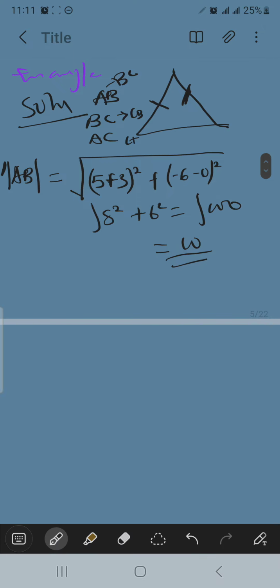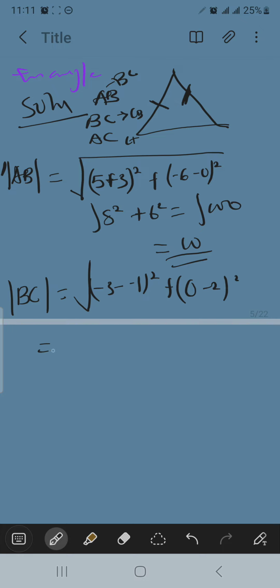The second one, I will have BC, square root of, what is BC? What is my B? Minus 3 minus 1 all square plus 0 minus 2 all square. So this one will now be square root of, minus 3 minus 1 will be what? You don't get minus 3 minus 1.